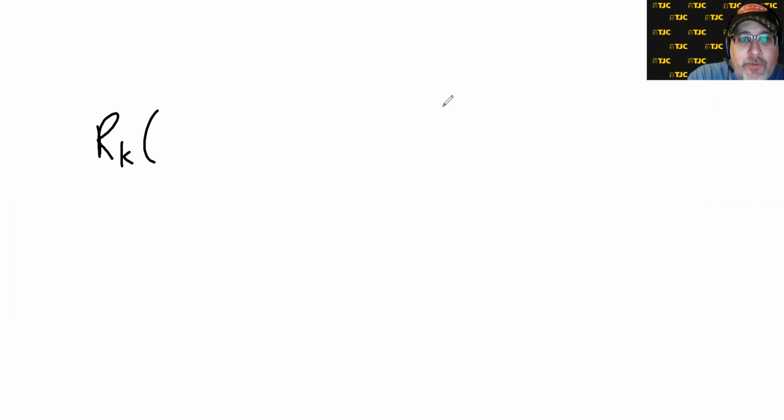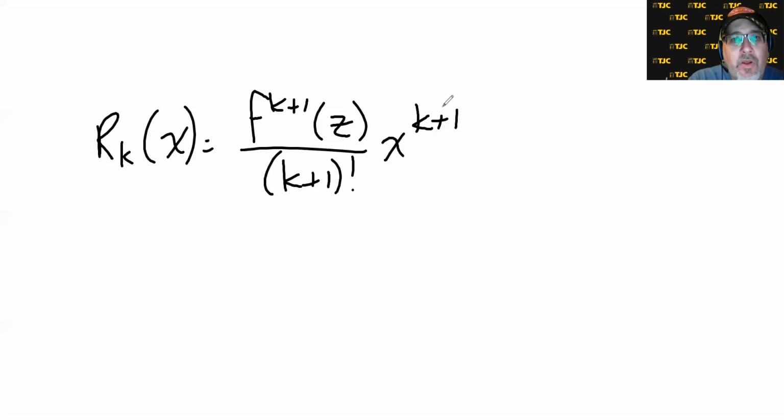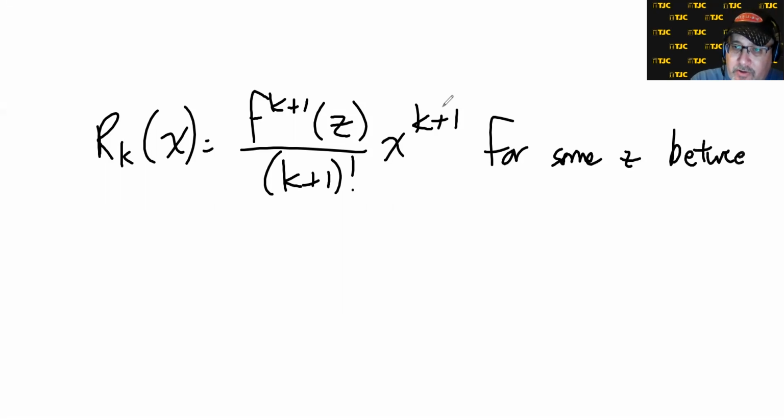Taylor's formula for the remainder says that the remainder is going to be equal to the next term in the Taylor series, so the (k+1)th derivative evaluated at some number z, over (k+1) factorial, times x minus the center, which is just x because the center is 0, to the k+1 power, for some z between the center, but it's a Maclaurin series, so its center is 0, and x.